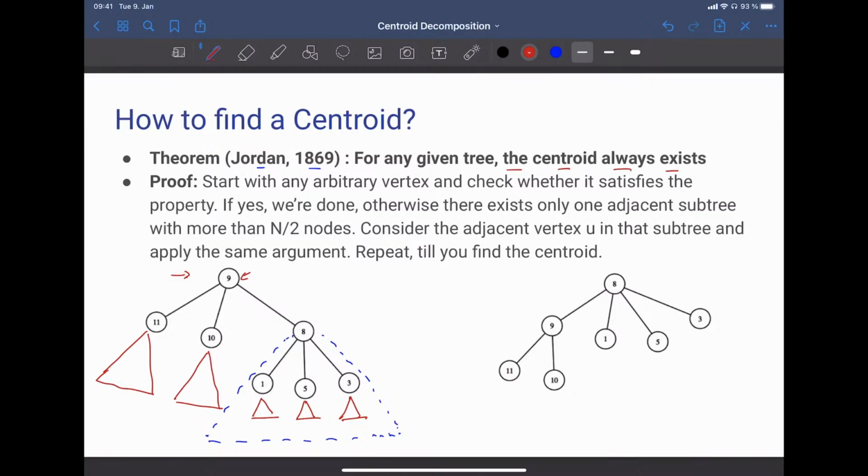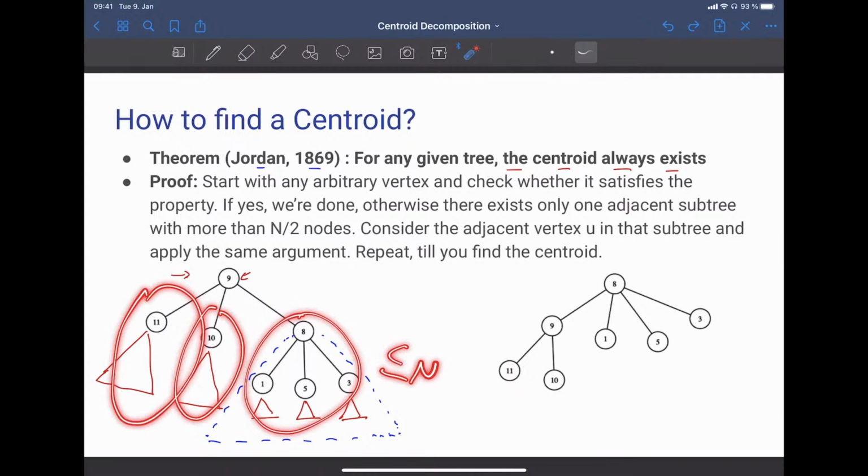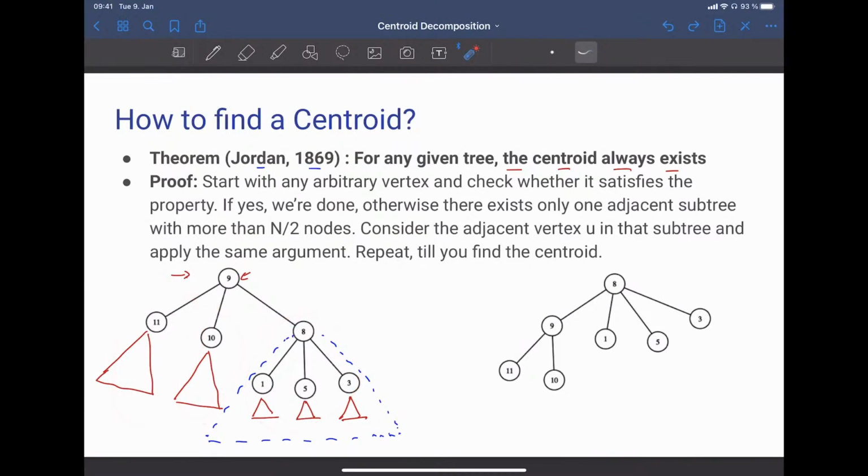But if this node is not a centroid, we claim that there will only be a single subtree whose size will be more than n by 2. When would this node be a centroid? This node would be a centroid if all of these subtrees have a size less than or equal to n by 2. But if node 9 is not a centroid, it means that there exists at least one subtree whose size is more than n by 2, right?